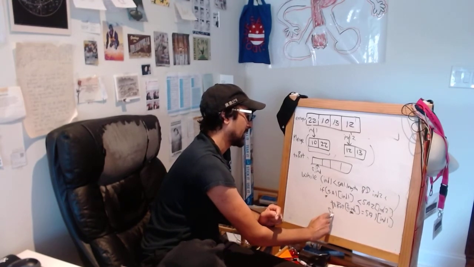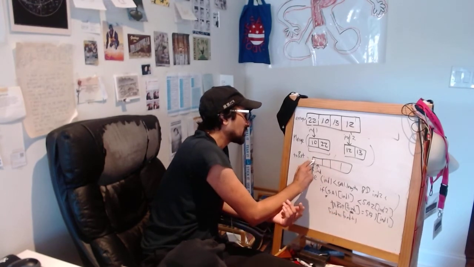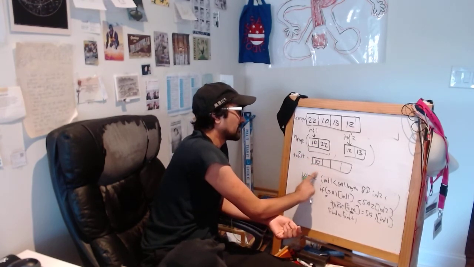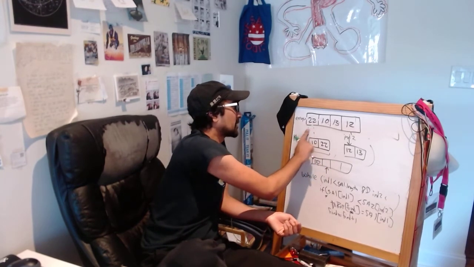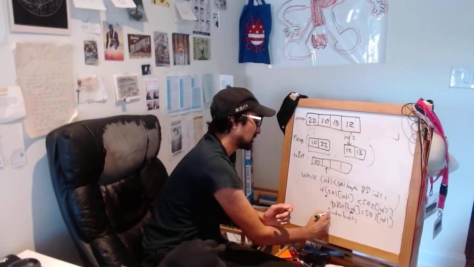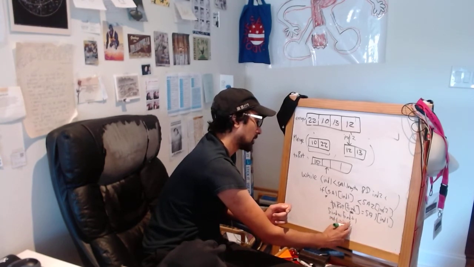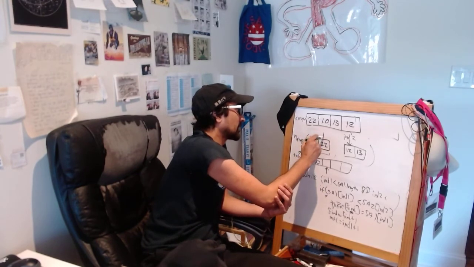So fn equals fn plus 1, because we just wrote 10 here, right? That got written to 10, and so now fn comes up here. And since that 10 got written to the final array over there, we also need to do the same to in1: in1 equals in1 plus 1, right? So now in1 is over here.